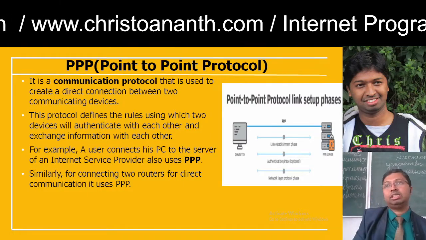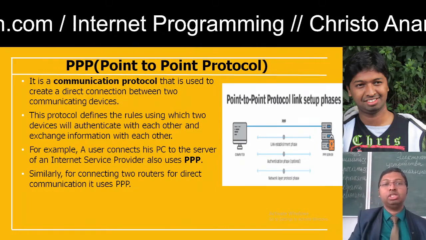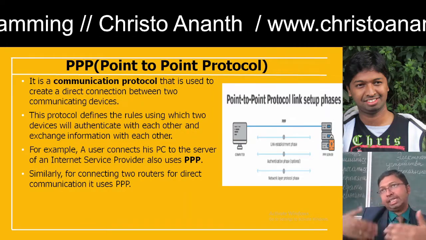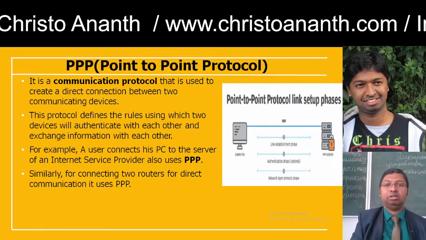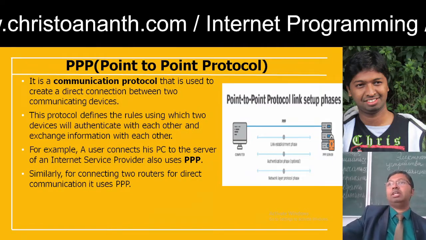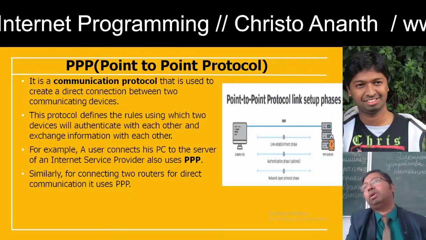Just like other protocols, it has rules and regulations by which two devices authenticate with each other and exchange information. The user connects the PC to the server of the internet service provider using this point-to-point protocol.